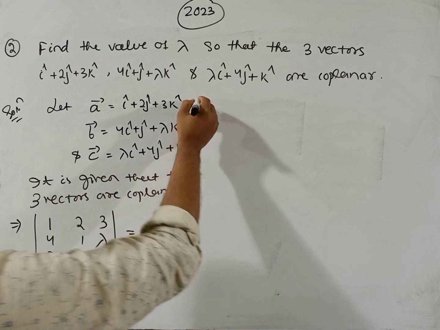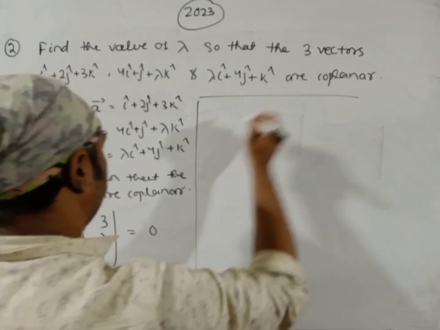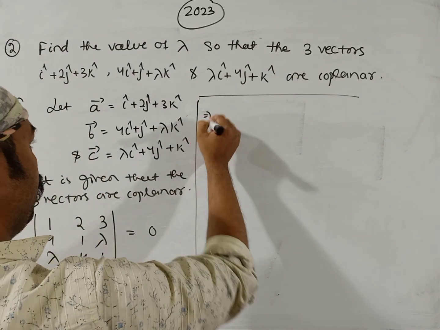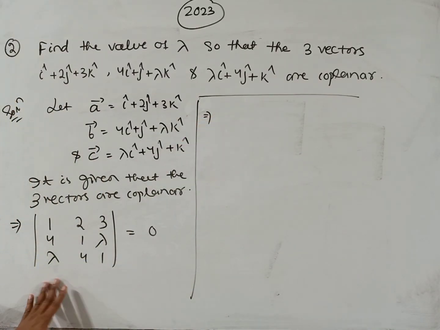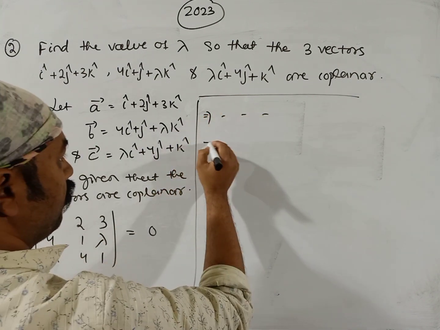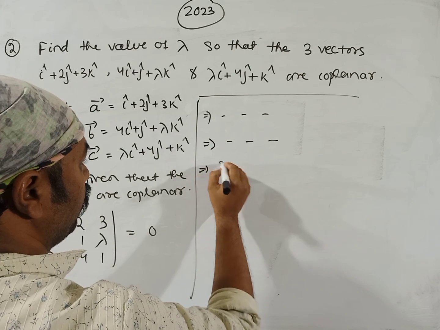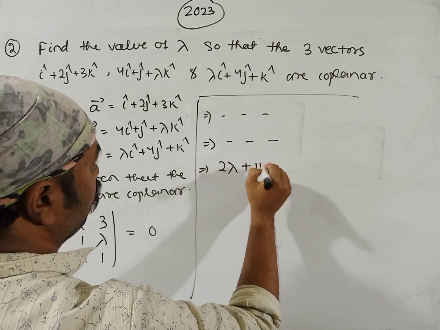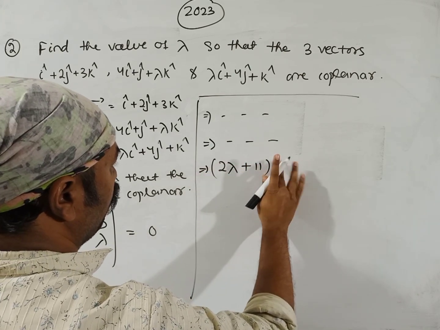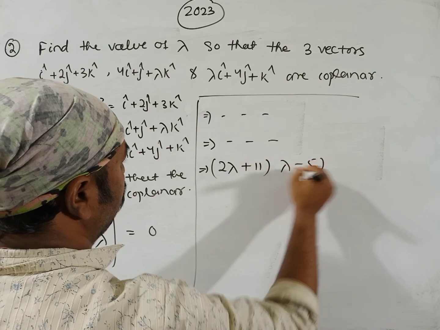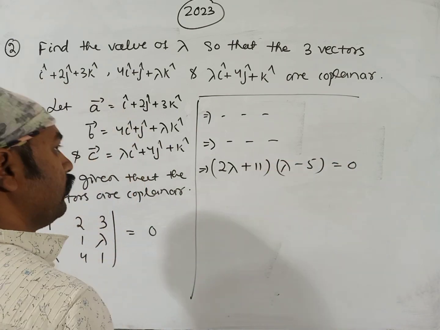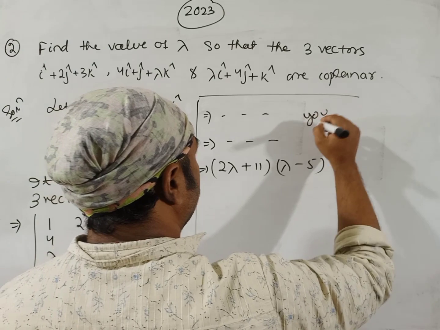We have to solve this determinant. By solving it, you will get 2 lambda plus 11 into lambda minus 5 is equal to 0. You have to solve it.